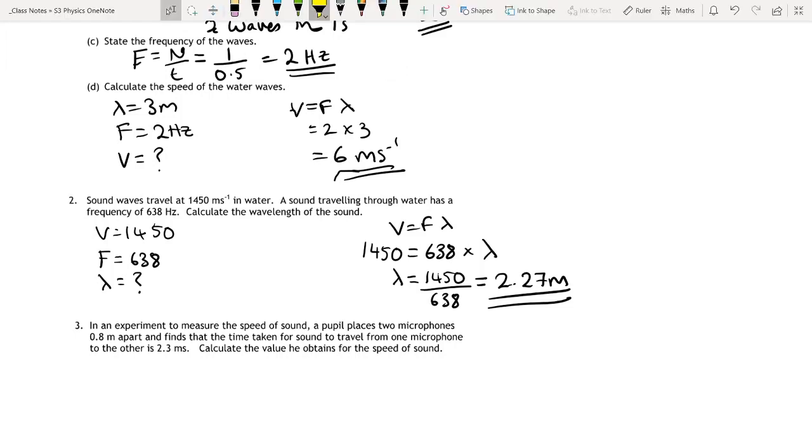So the important thing there is just to read the question properly. Did everyone get that? And when the calculator comes up with a recurring number, always round it. Never use recurring in your final answer.